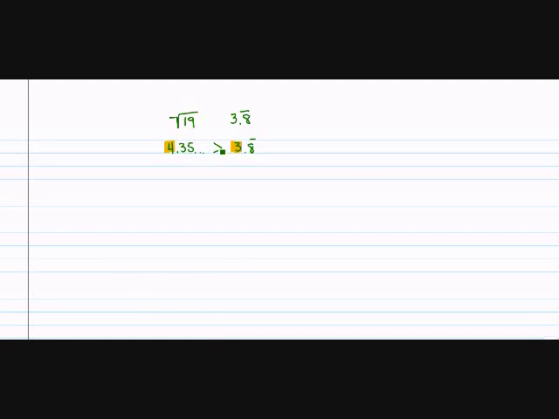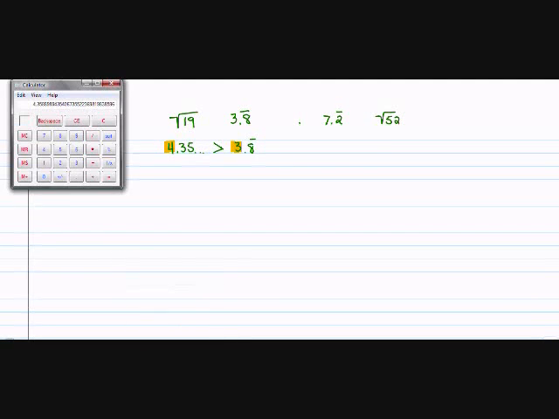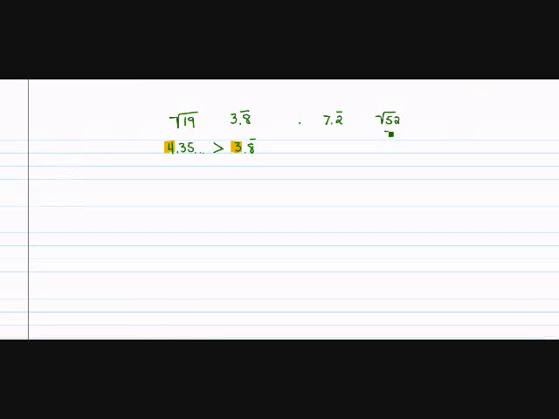Okay, let's take a look at another one. If I had 7.72 repeating compared to radical 52. Pull up my calculator. I need to know what radical 52 is. 5, 2, the square root is 7.21, where this, remember the line means 7.22 repeating.